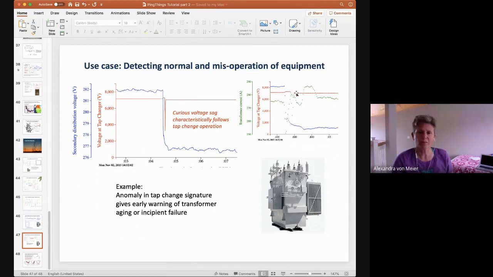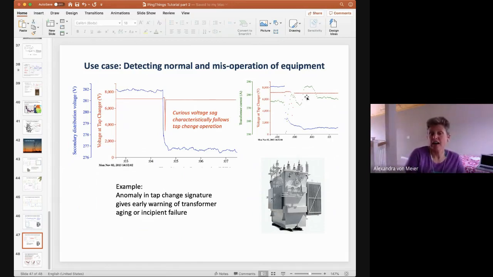They wondered what was up with that. When they looked at the current, the current jumps up. So this was an anomaly that really had no good reason for being there. The utility went out and did a little health check on the transformer and said, this baby was sick. Thank you for bringing this to our attention.